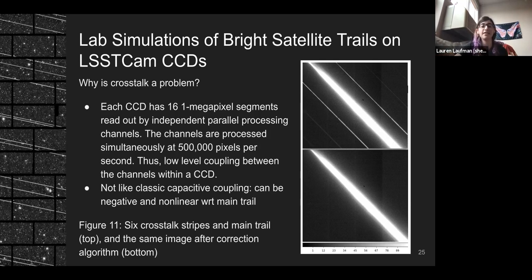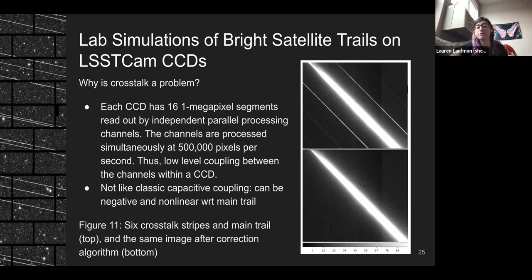Each CCD has 16 1-megapixel segments that are each read out by independent parallel processing channels. These are processed simultaneously at 500,000 pixels per second, which is incredible, but also this results in low-level coupling between the channels within each CCD. And unfortunately, it's not like classic capacitive coupling because it can be negative and nonlinear with respect to the main trail.